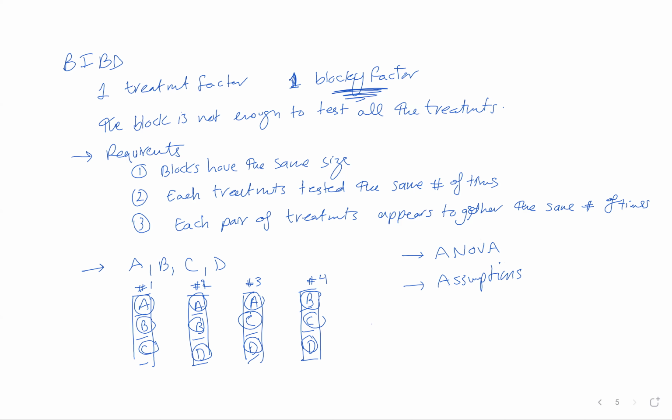The statistical model is Yij equal mu plus tau i plus beta j plus epsilon ij. So this is the statistical model of the complete randomized block design. The difference is i is 1 up to a, but j is not 1 up to b.